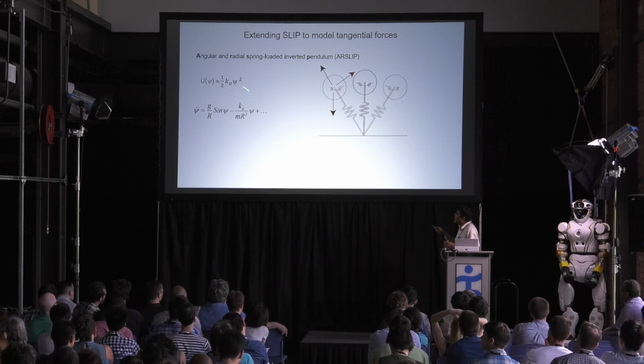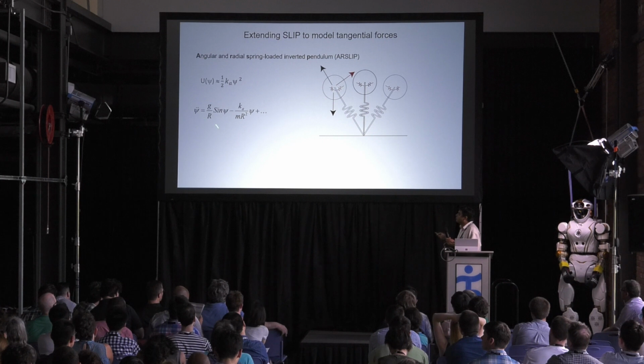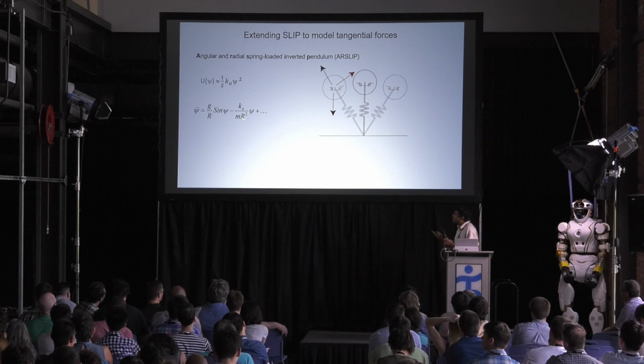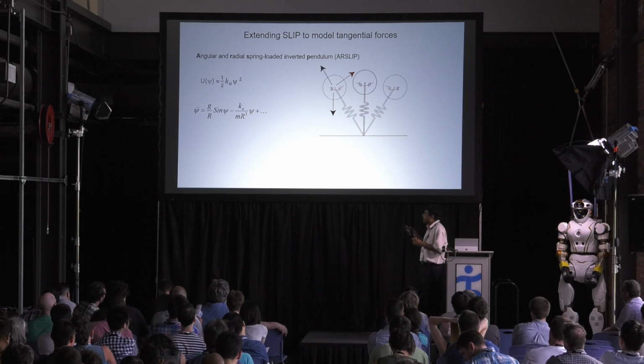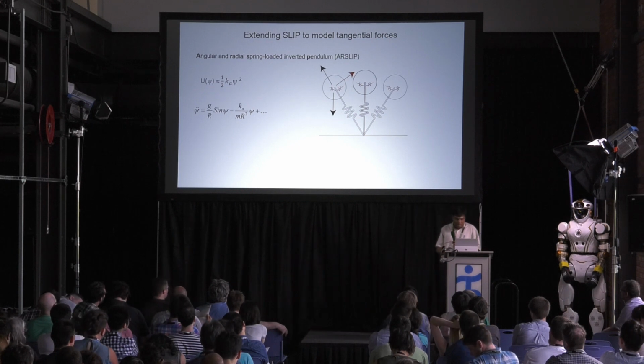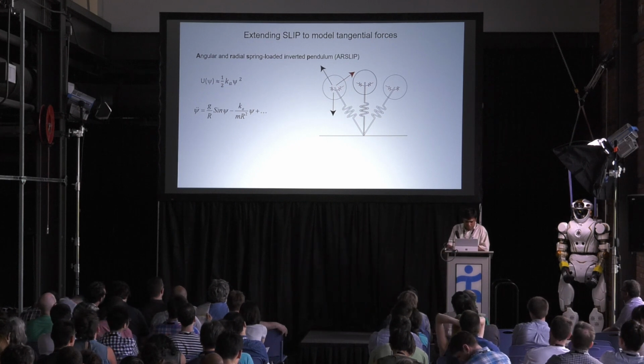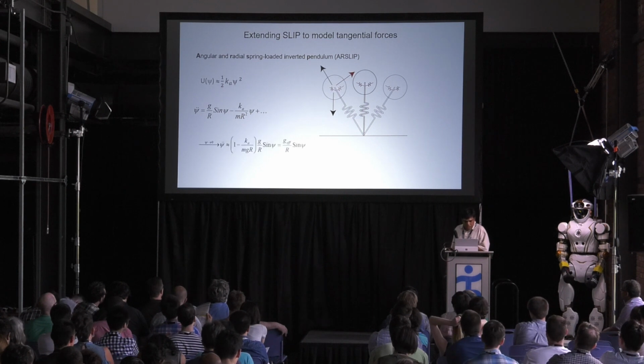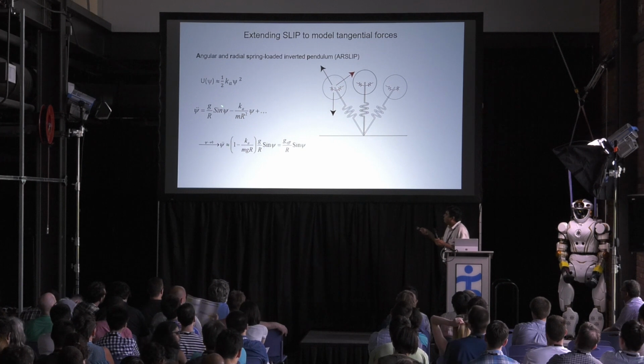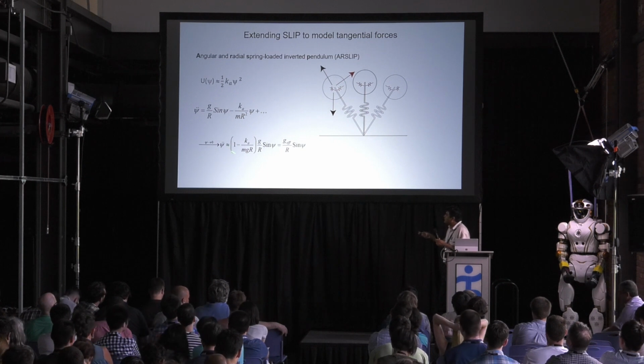What this term does is, if you look at the evolution for the angle, it essentially adds a linear restoring force that's seen here. To illustrate mathematically, just to give you an intuition of how this works, we can look at the small angle limit. In that case, this can be recast in this form.